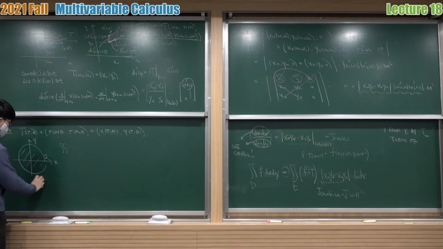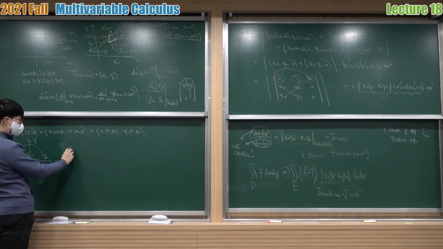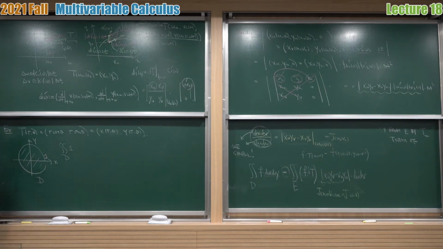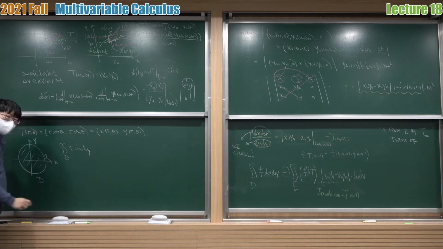Let's say this is our unit disk, and if you simply want to find the area, you can take a constant function 1 and then integrate over D. That means you get the volume of a cylinder whose base is a unit disk with height 1.